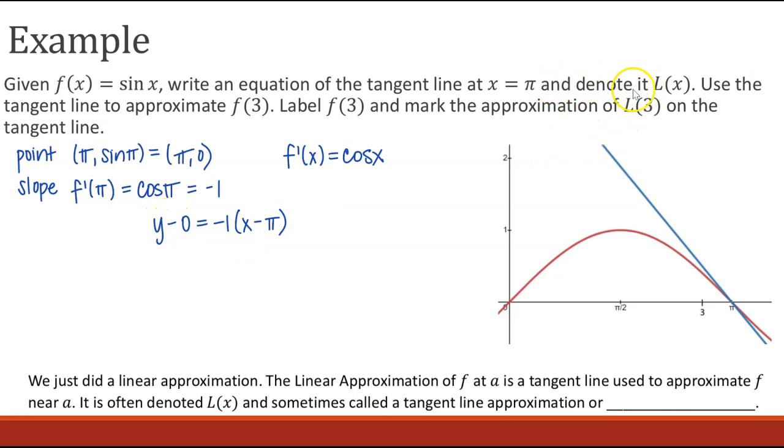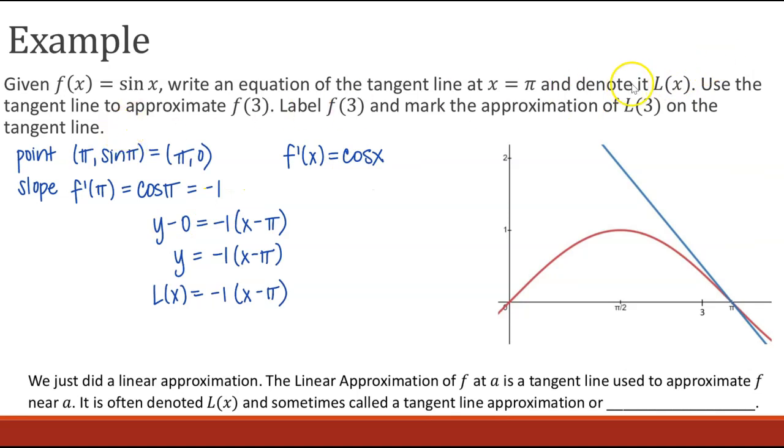We're told to denote the line as L of x, so we need to solve this equation for y. So y is negative 1 times x minus pi. We're told to call it L of x, so L of x is negative 1 times x minus pi.